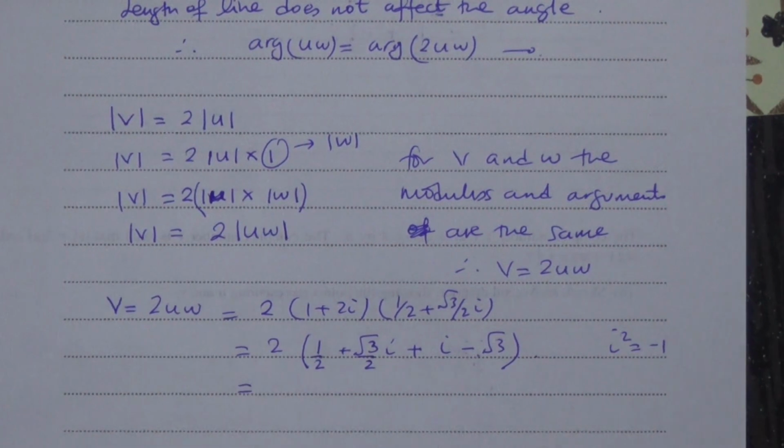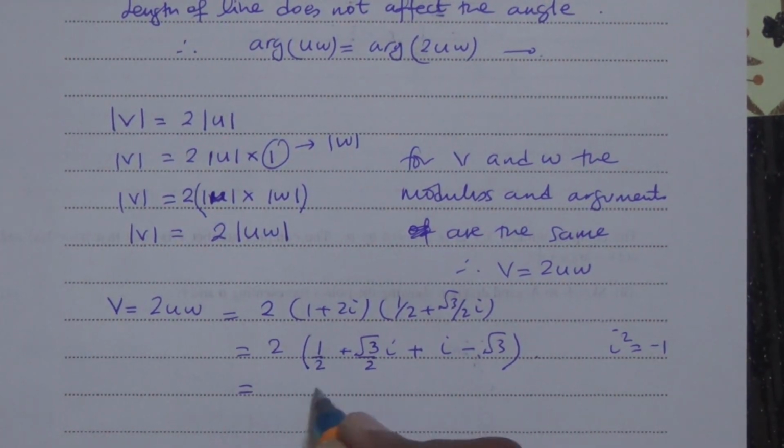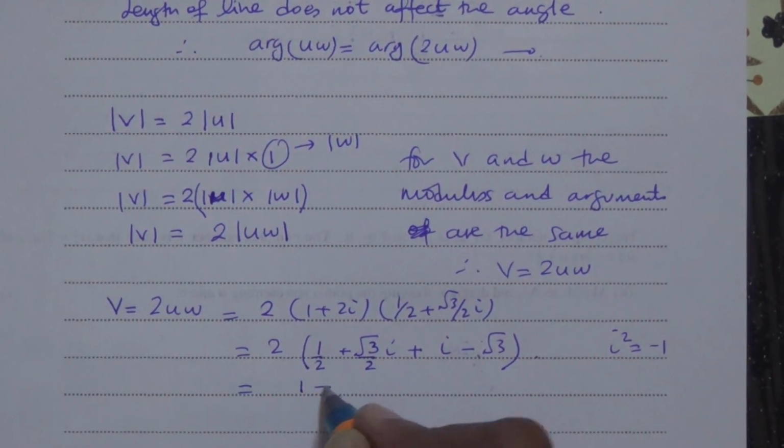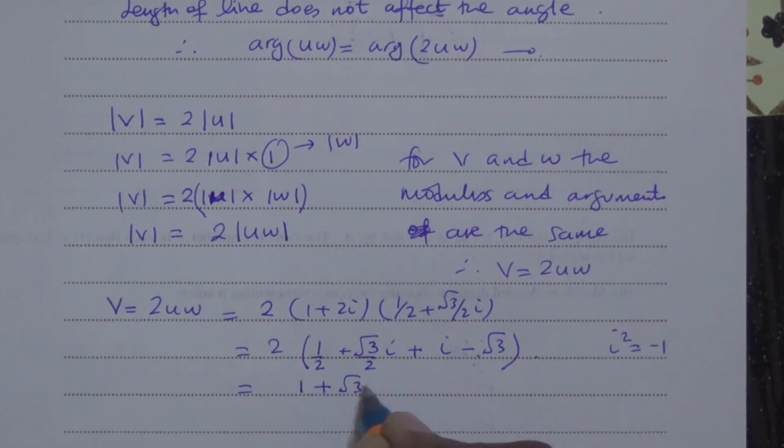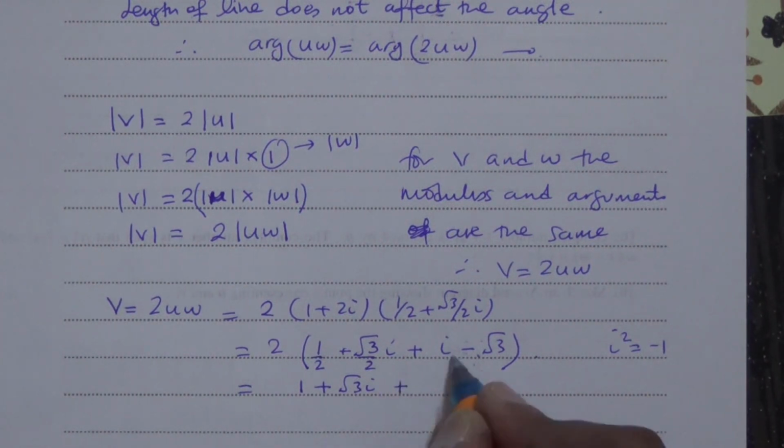Then if you multiply by 2 out, you get 1 plus root 3 i, plus 2i, and then minus 2 root 3.